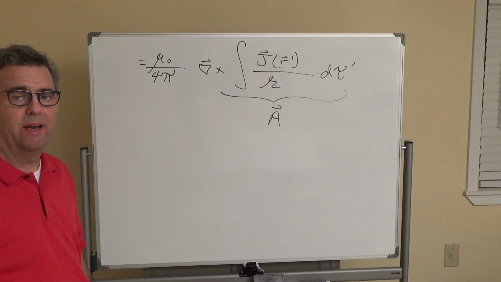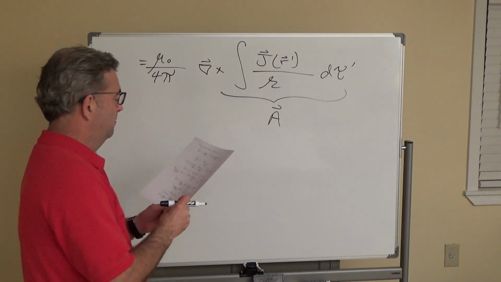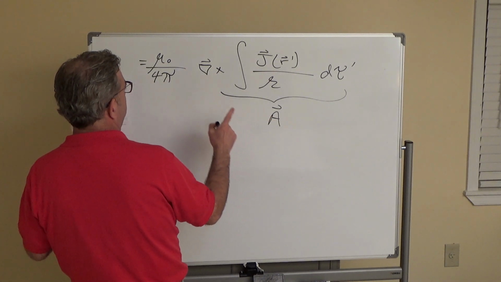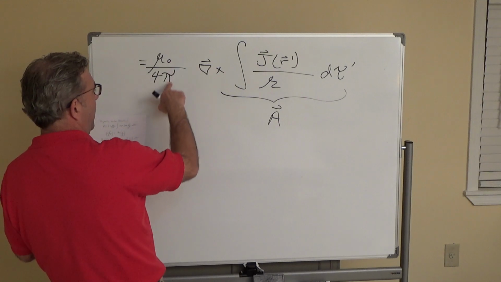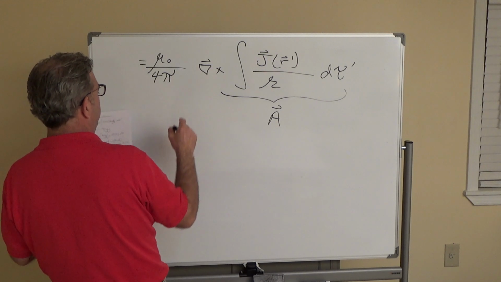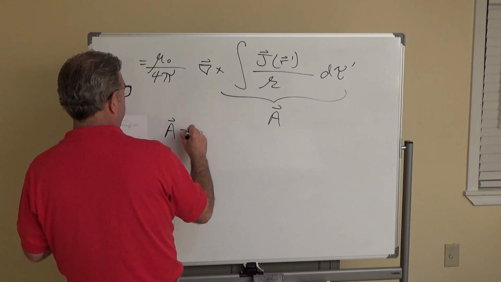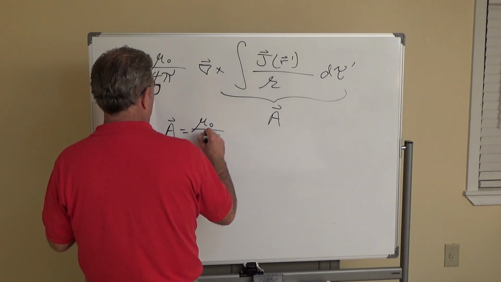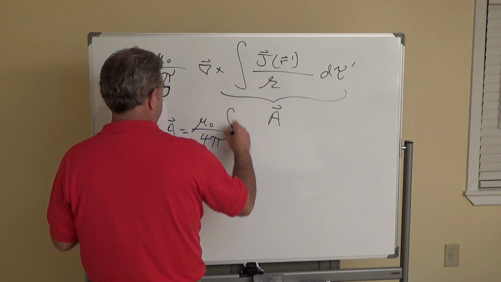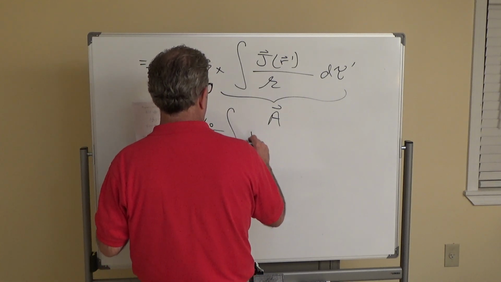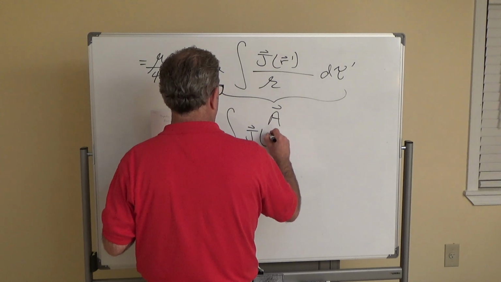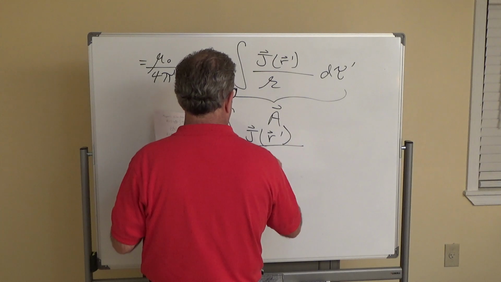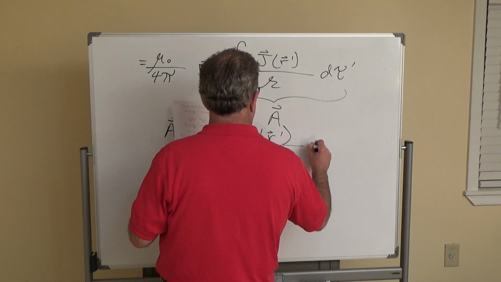That is the magnetic vector potential, with this factor of mu naught over 4 pi. So A is equal to mu naught over 4 pi times the integral of J of r prime over script r d tau prime.